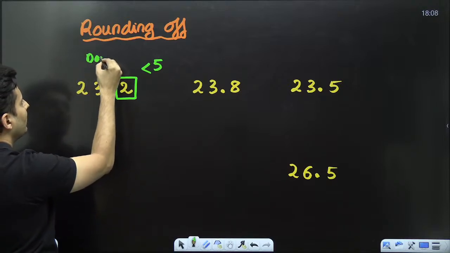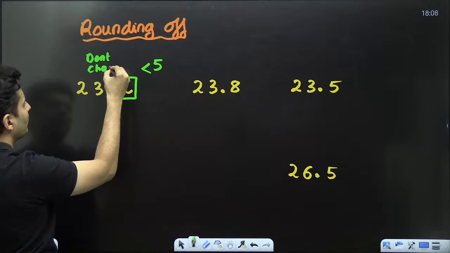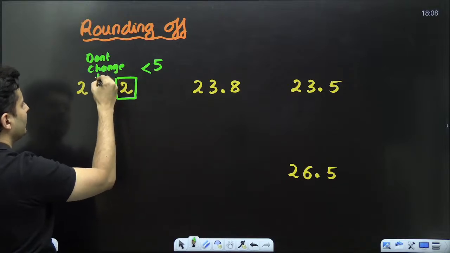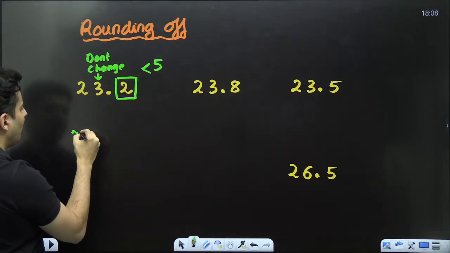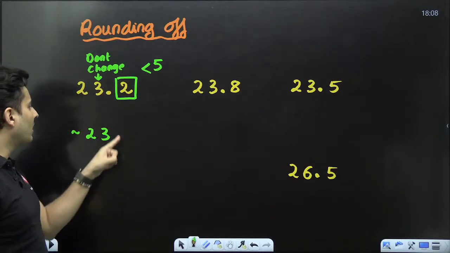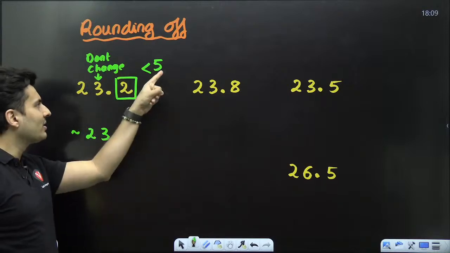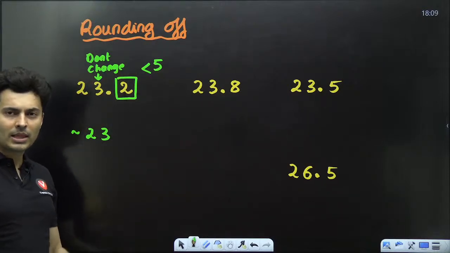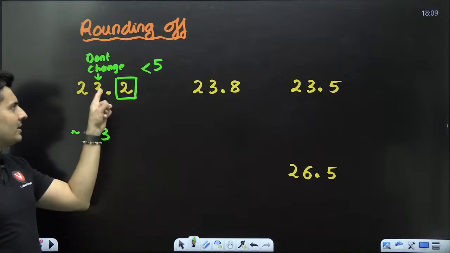Basically, don't change this digit. So this will be approximately 23 only. 23.2 can be rounded off to 23 because this is less than 5. Is this absolutely clear?